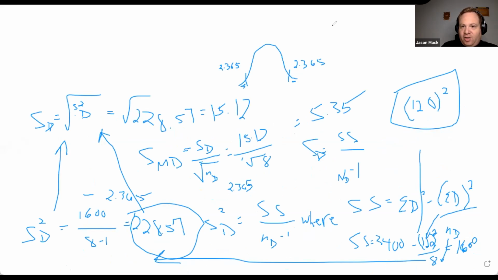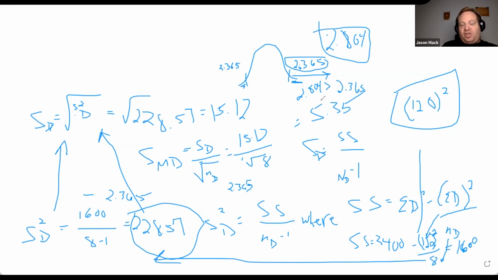Now, because we had 2.804 for our t obtained value, because 2.804 was greater than 2.365, we know that it was further out here. So it was at or beyond this number, because it was 2.804. That's our rejection region. So that means we're going to reject the null hypothesis.